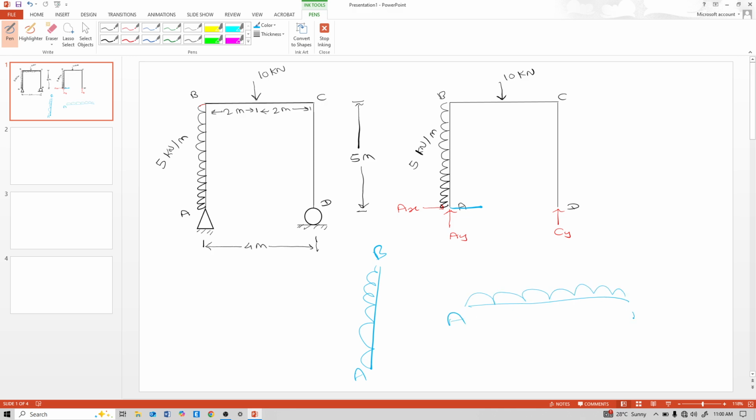Although it is vertical, just see it like this. This is AX. This UDL is 5 kN per meter.